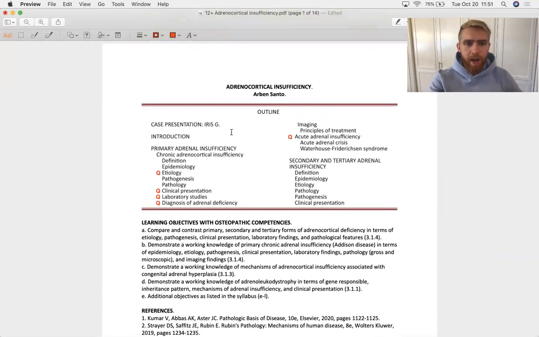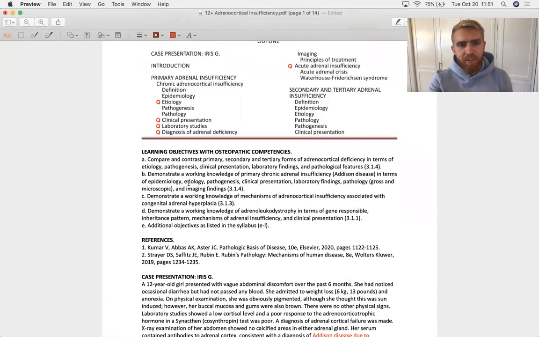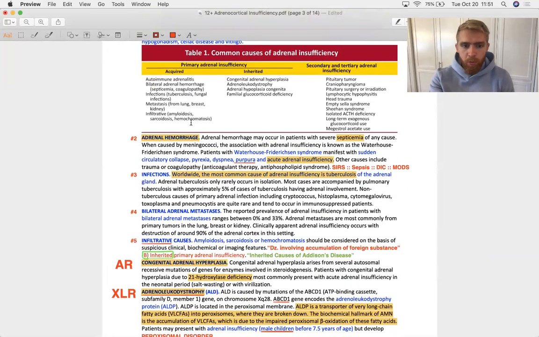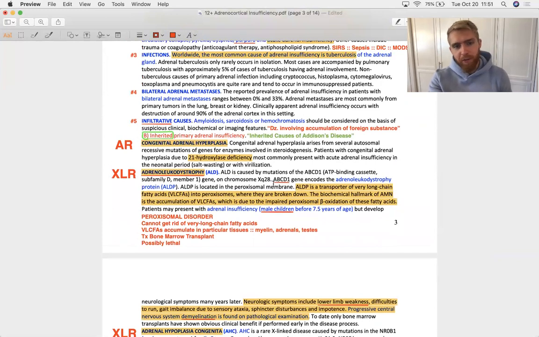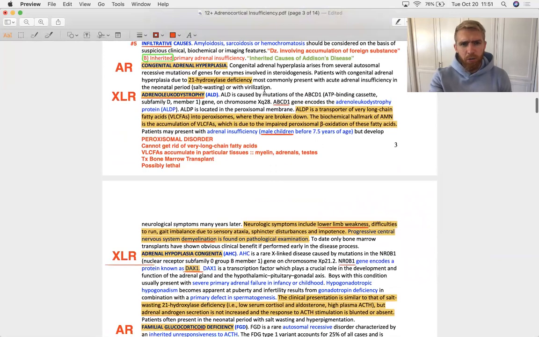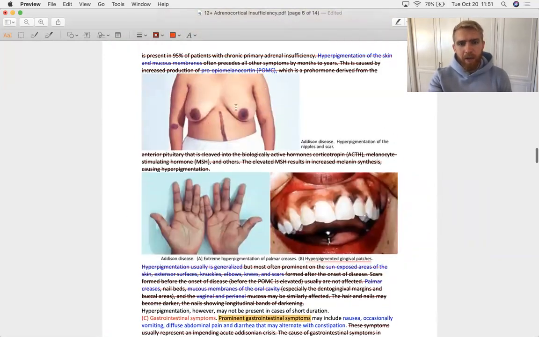So a lot of different etiologies. In conclusion, I would ask you about one of the etiologies, probably two. I'd probably ask you about autoimmune, just to make sure you knew it was autoimmune. Maybe like, what do you see on histology? I'd ask you about adrenoleukodystrophy because it's a big fancy doctorly word. There's a whole SDL on adrenal hyperplasia. I wouldn't ask you about that. Probably get asked about some of the symptoms.